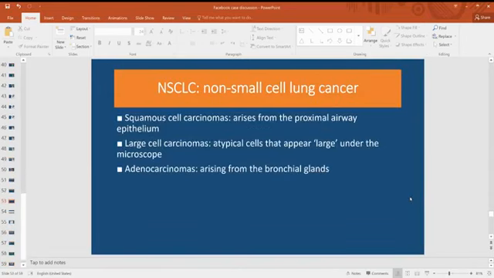Non-small cell lung cancer has three types: the squamous cell type, which arises from the airway epithelium; the large cell type, a type of cell that appears large under the microscope; and adenocarcinoma, arising from the bronchial glands.